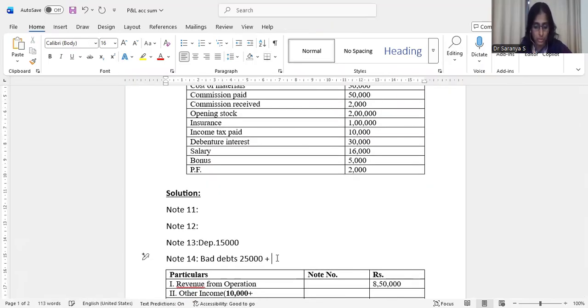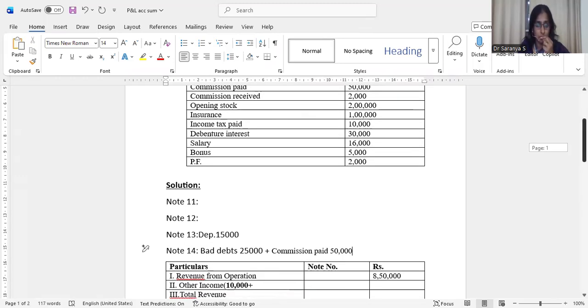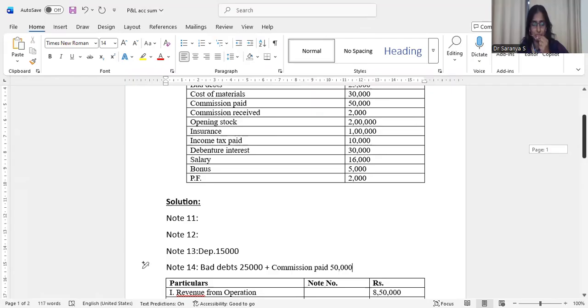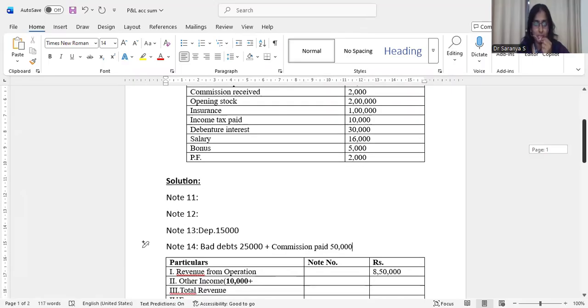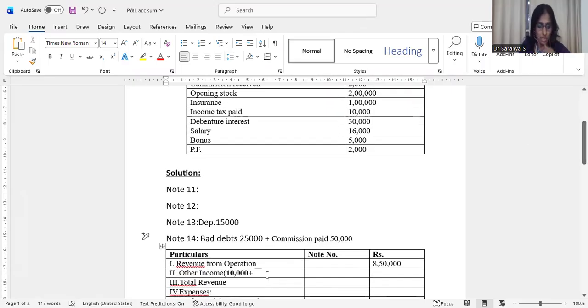So in note number 14, we'll write commission paid 50,000. Next item is commission received. This is nothing but other income, like interest received, dividend received, commission received. Anything received other than the main operation comes under other income. So commission received is 2,000, and we will write it here.